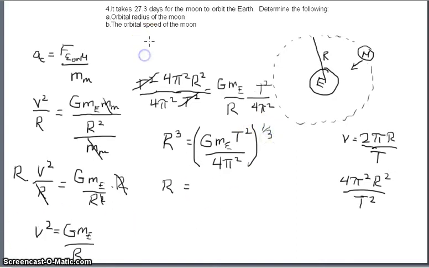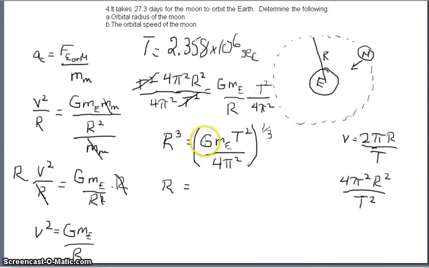Well, if we convert the period to seconds, 27.3 days multiplied by 24 hours per day and 3,600 seconds for each hour, you would get 2.358 times 10 to the 6th seconds. Sorry, that's really sloppy there.